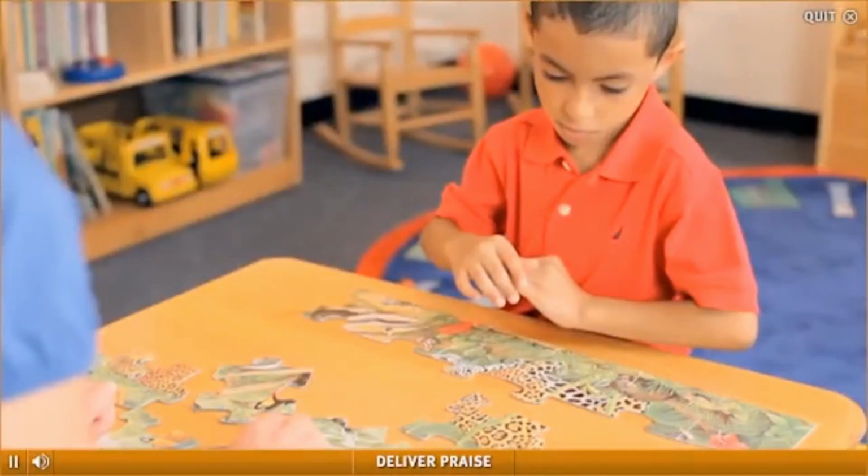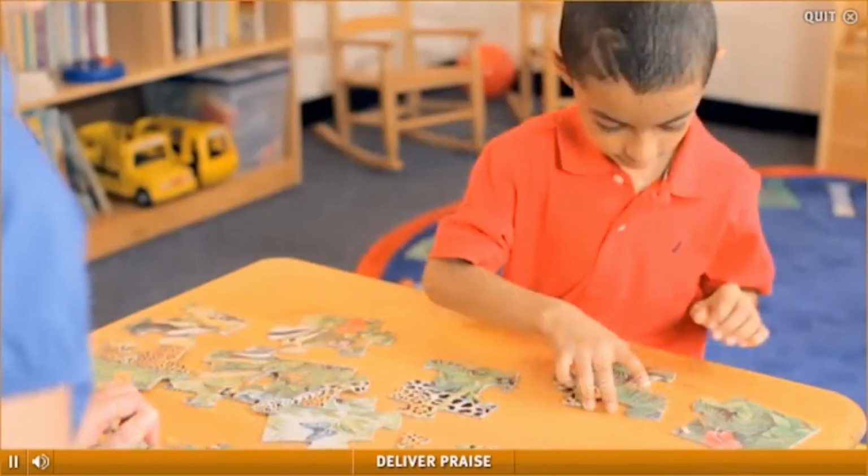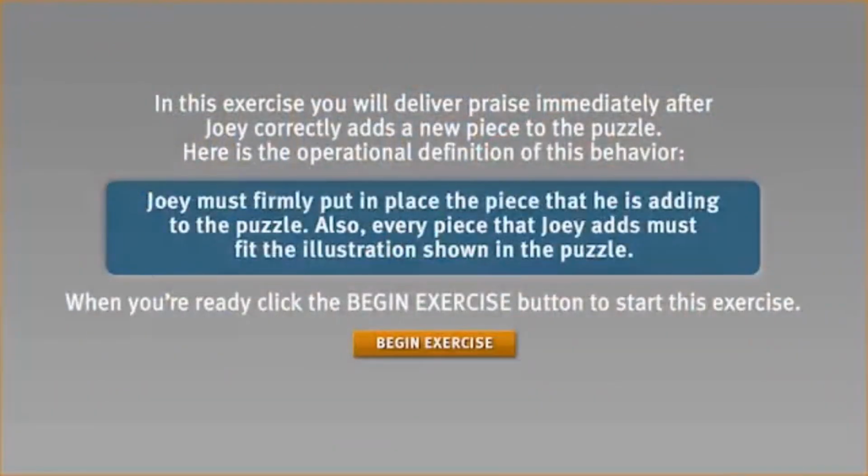You're going to be watching Joey build a puzzle for a couple of minutes. We need you to help the paraprofessional provide verbal praise to Joey each time he successfully adds a piece to the puzzle. On the opening screen to this exercise, you'll see the operational definition of adding a puzzle piece.